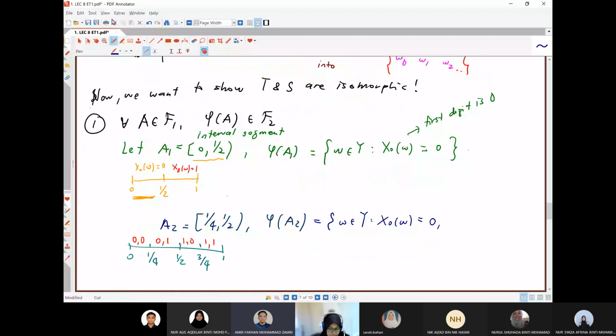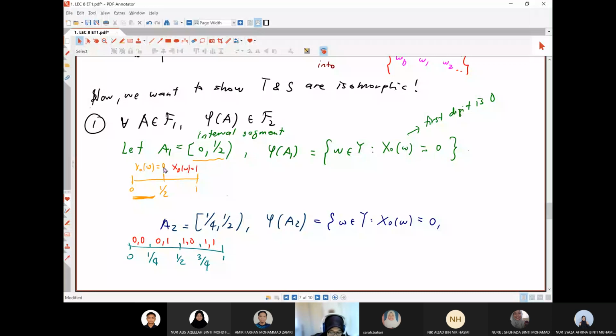Tak faham. Okay, first. Okay, I repeat. For the case segment A1 between 0 and half, the image of this, that means the image of between 0 and 1 ni kita ada half kan. So kalau interval segment tu kita ambil point dalam ni, the first digit is 0.